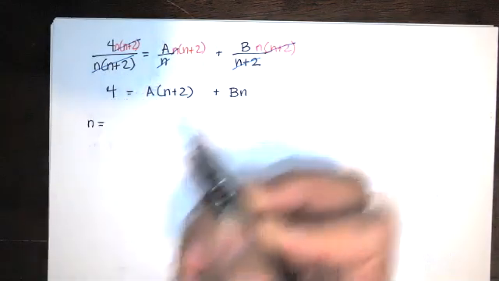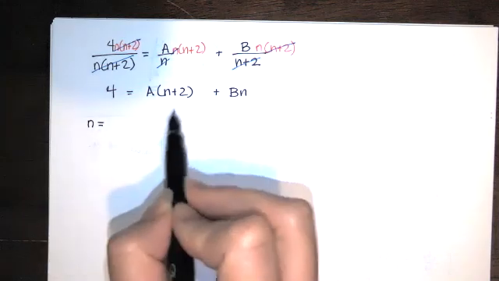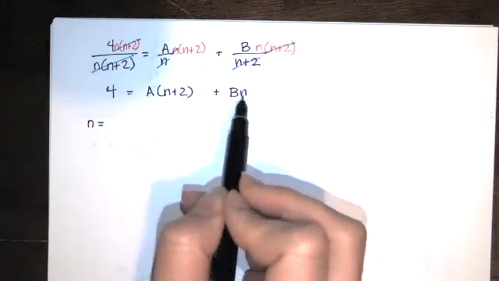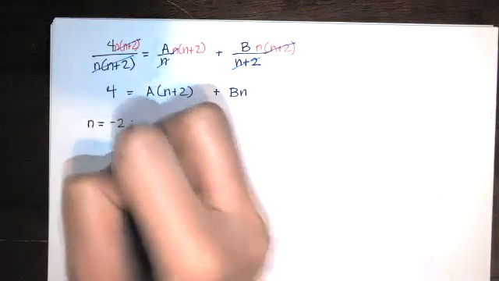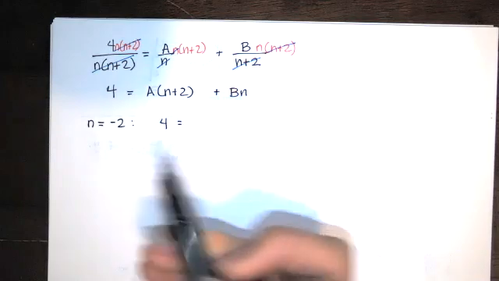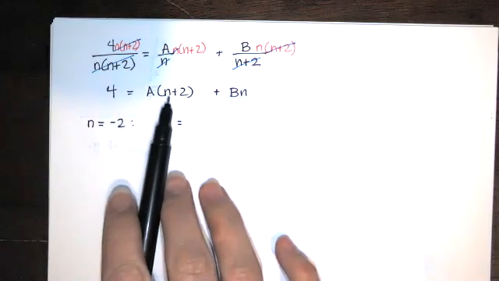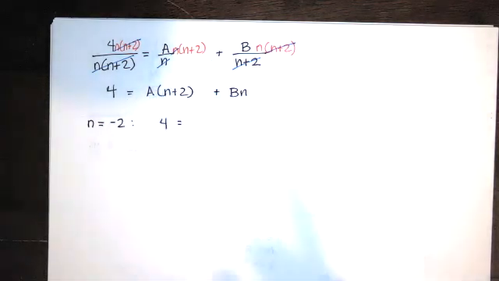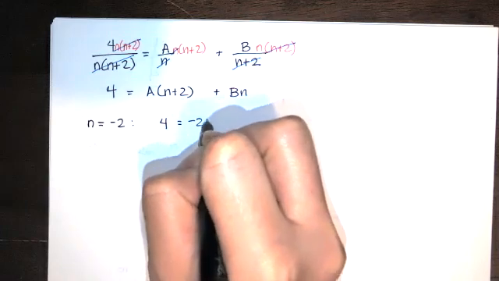One way we can find that is by setting n equal to the values of n that would cause each of these factors to be 0. So n plus 2 is equal to 0 when n is equal to -2. So I'd have 4 over here, and if I substitute in -2, it equals a times -2 plus 2, which is a times 0, which is 0, plus b times n, which is -2.